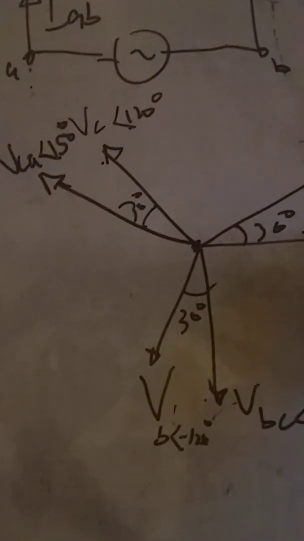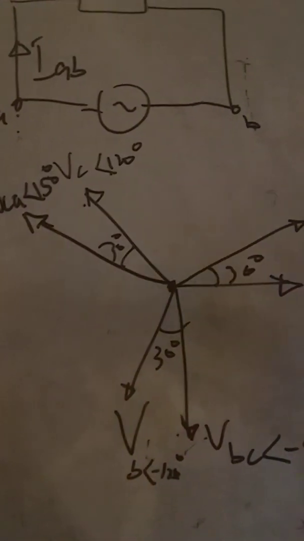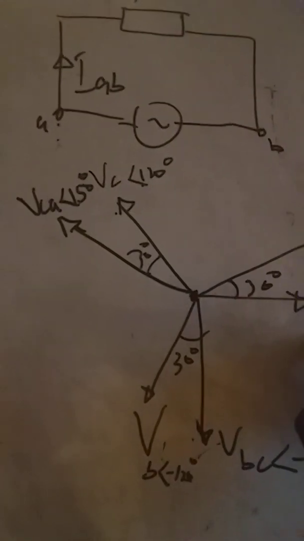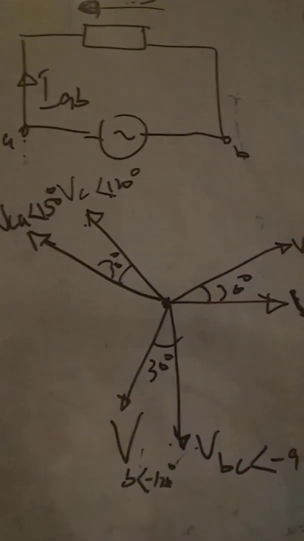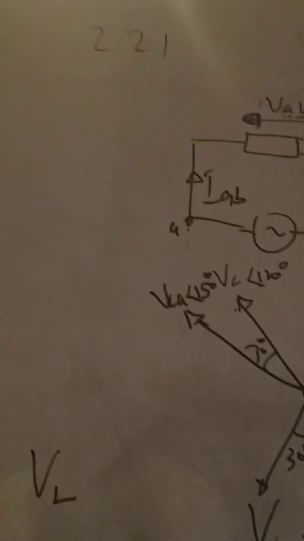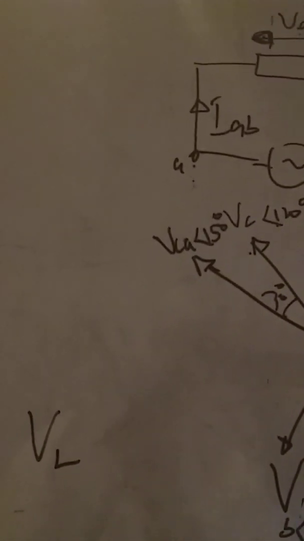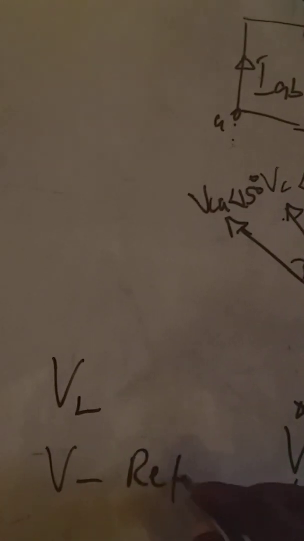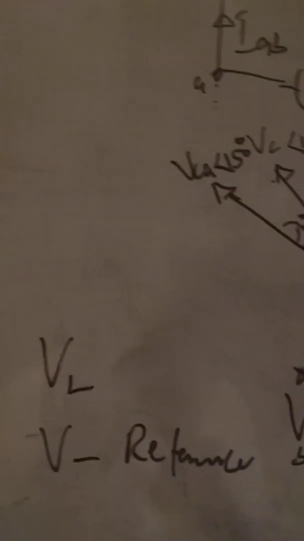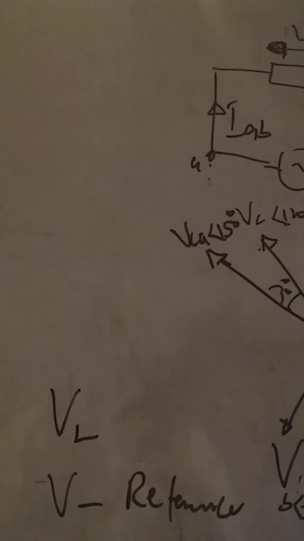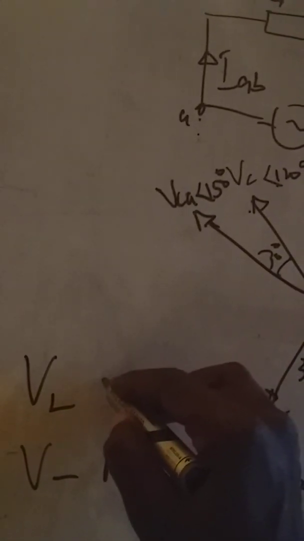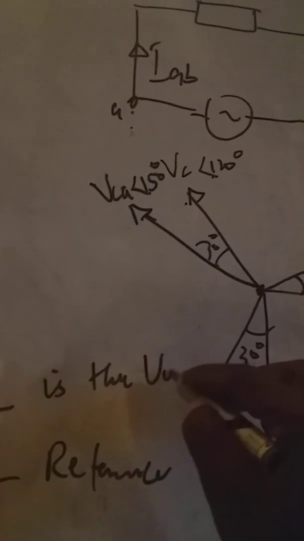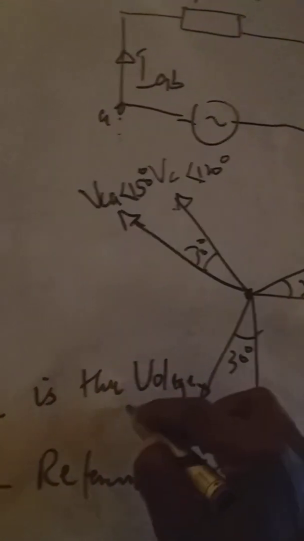Voltage will always be the reference, not current, not any other quantity, except it is otherwise stated. And the voltage given, VL, is always the voltage given.